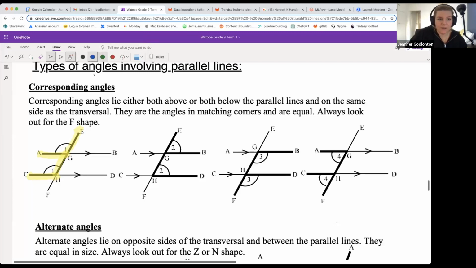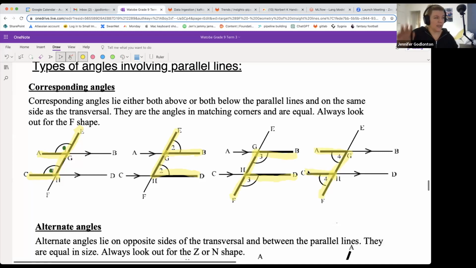Corresponding angles mean that this angle inside here is equal to that angle inside there. So whenever we see an F, we need to think of corresponding angles. This is also an F, just upside down and back to front. Here we've got a parallel line and a transversal. That's also an F, just the wrong way around.